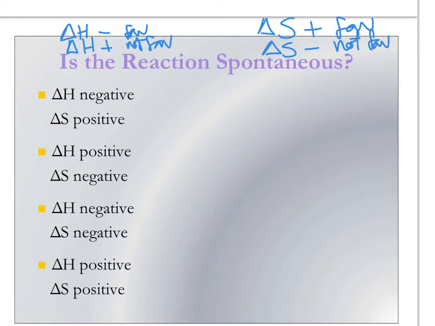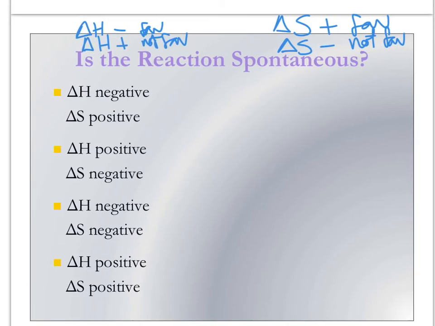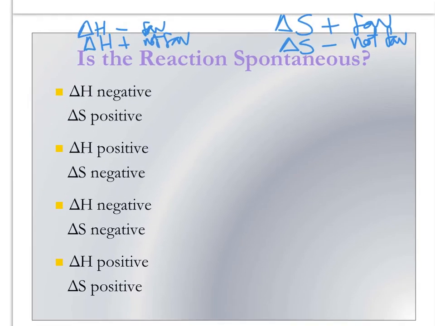So if my delta H is negative, is that favored? Yes. That is good. I'm going to actually put a check mark instead of favored or not favored. So yes, that's a good thing.